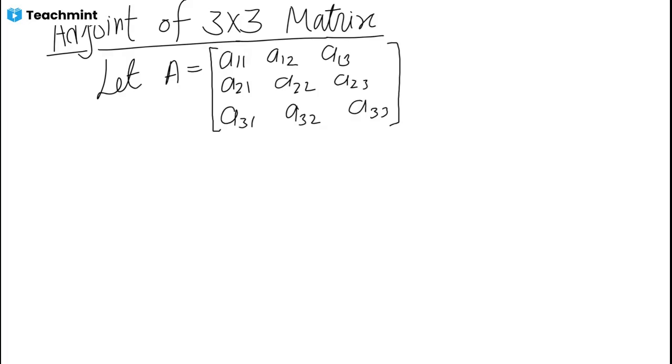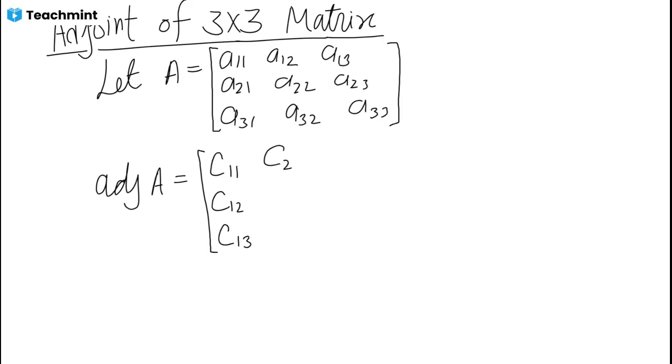So the adjoint of matrix A is equal to C11, C12, C13, C21, C22, C23, C31, C32, C33. And now we need to find these elements from C11 to C33. So let us understand what they are.